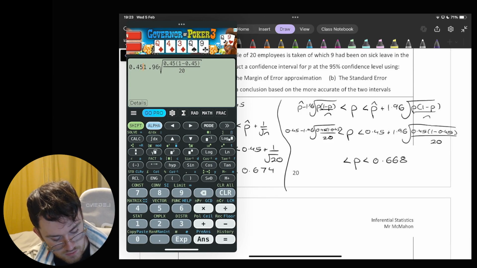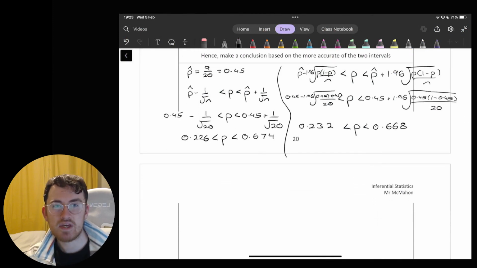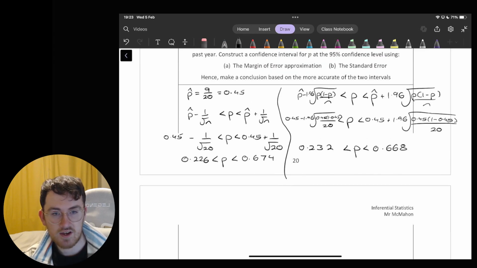And changing this to a minus, 0.232. So based on the margin of error using the standard error, it's between 0.668 and 0.232. We can see it's slightly more accurate using the standard error formula.